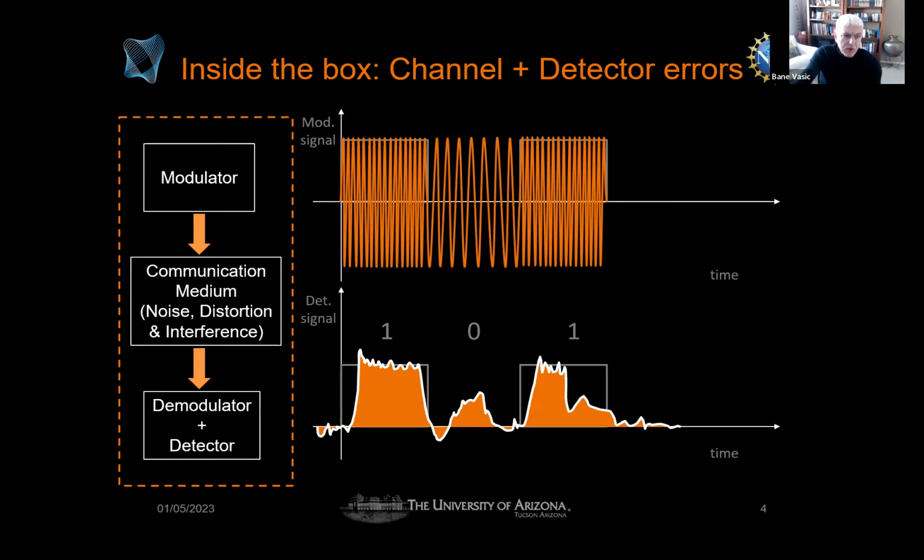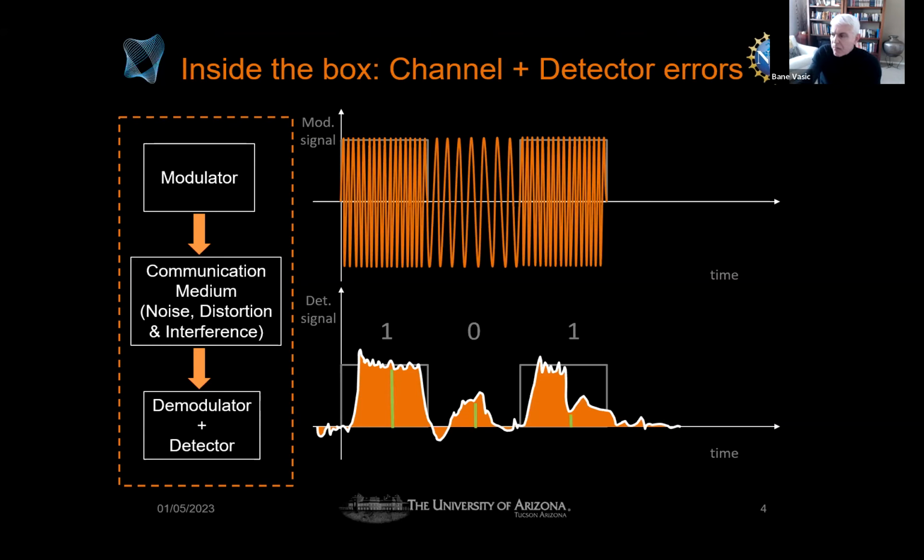But in the detector, we put maybe some filters, and we try to recover these rectangular pulses that were originally sent, but we don't get ideal pulses. We get something else, these distorted or noisy pulses. What we can do is take a sample at the middle of each bit interval in time. The green lines that I'm showing are these samples.